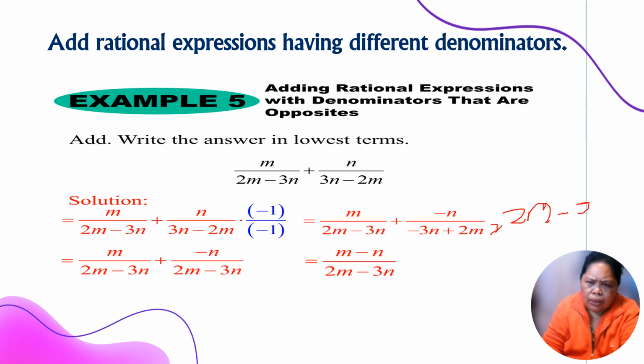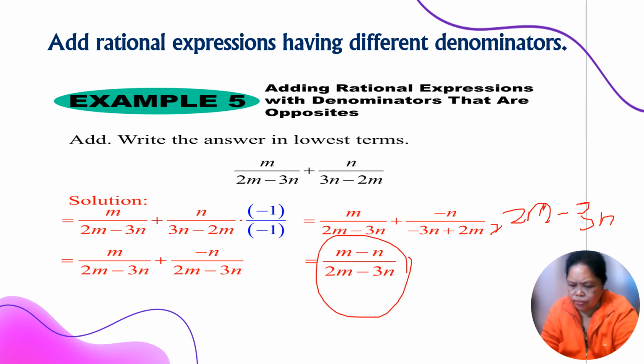We just reversed the arrangement. Then combine m minus n over 2m minus 3n. So this is the final answer.